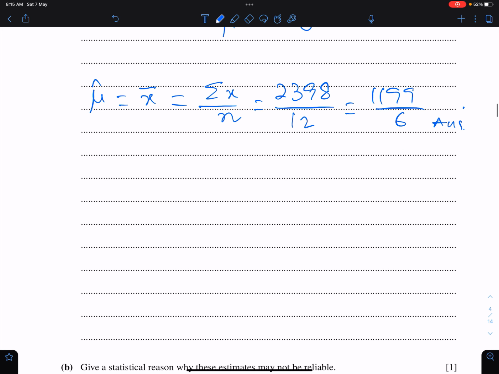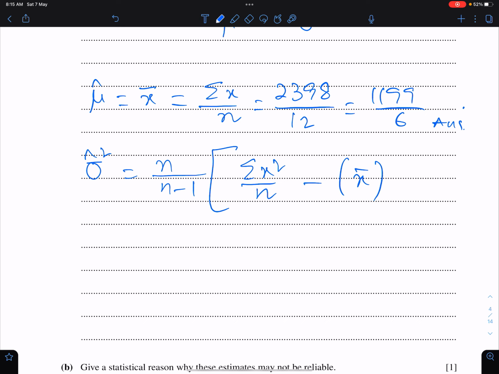This is the formula of unbiased estimates of population variance: n upon n minus 1 into sigma x square over n minus x bar square. n is 12, n minus 1 is 11.